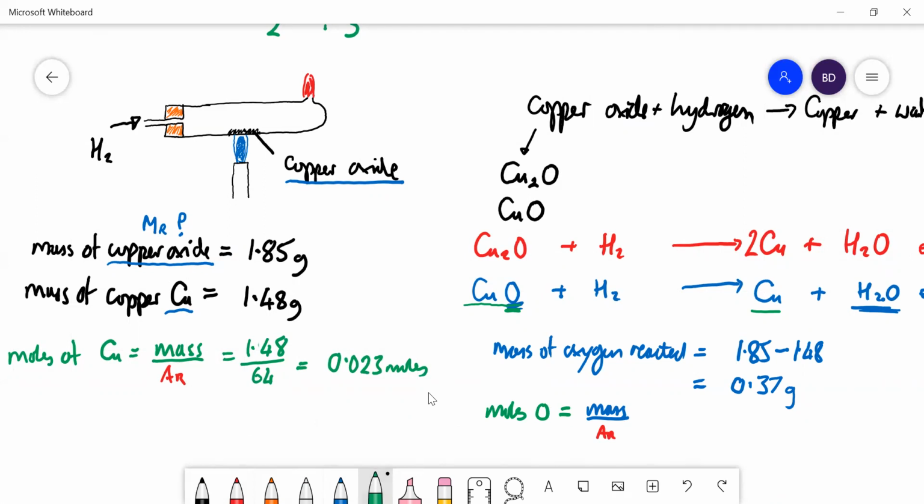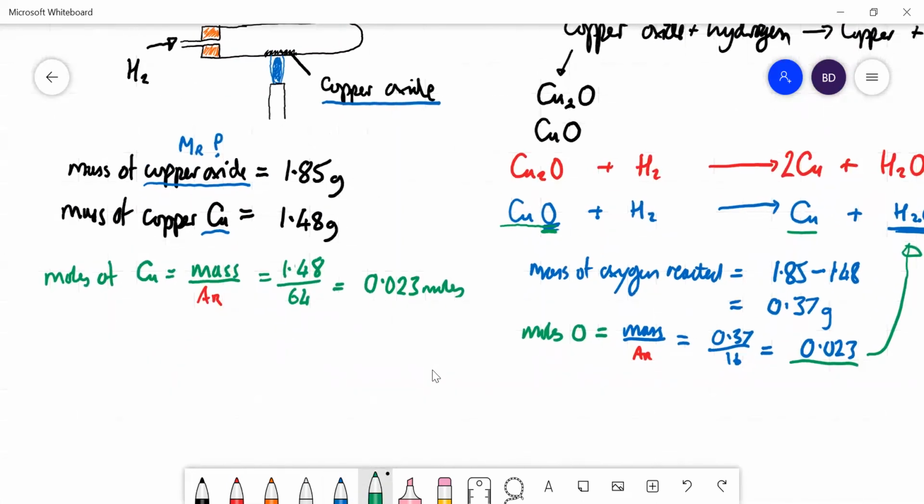That's equal to 0.37 over 16, which is 0.023. Now, the moles of oxygen is 0.023, so that tells us that's the same as the moles of water produced. So let's write that down. Moles of H2O made is equal to 0.023.